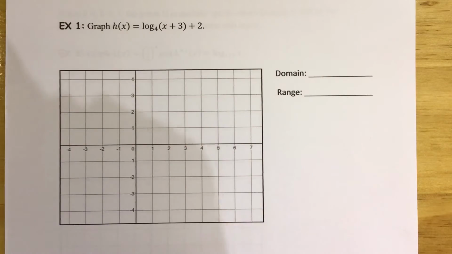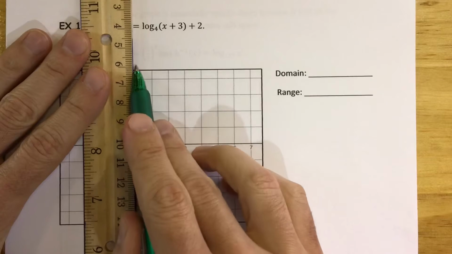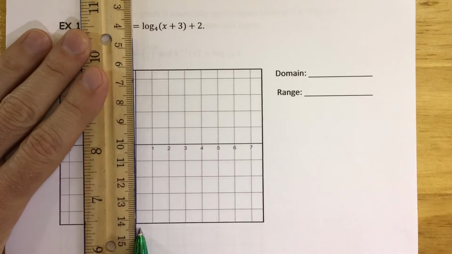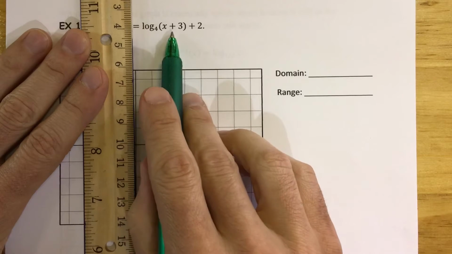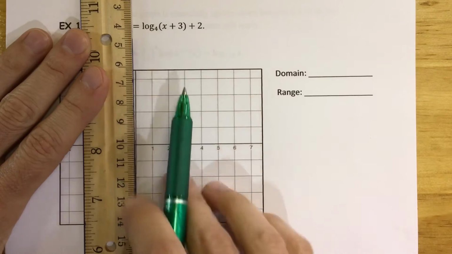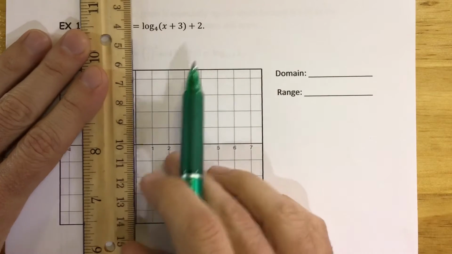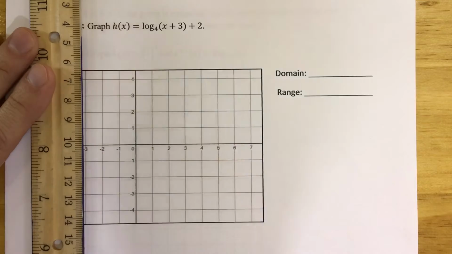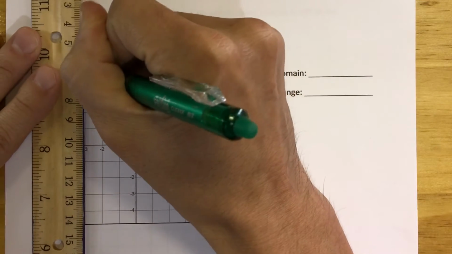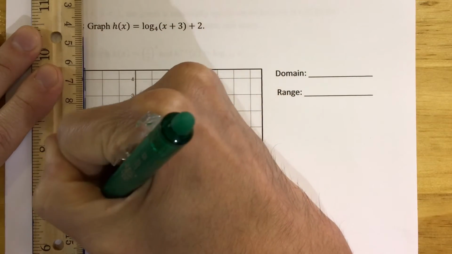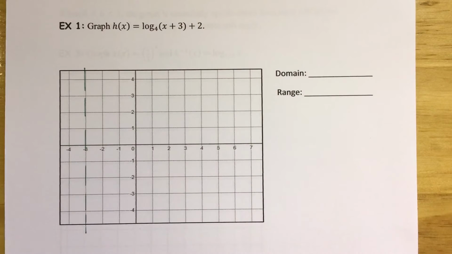The original function would have a vertical asymptote at the y-axis. But since we've got a +3, everything's going to shift to the left 3 units. So at -3, you're going to get your vertical asymptote. In a way that's like your y-axis, but it's actually an asymptote.